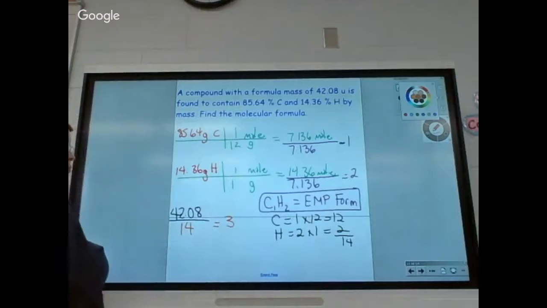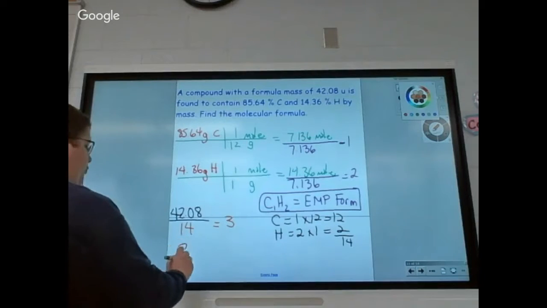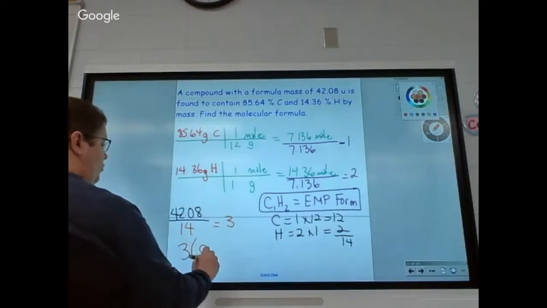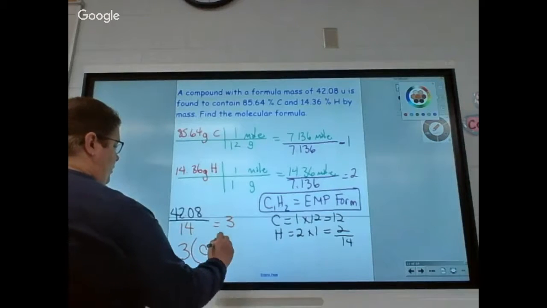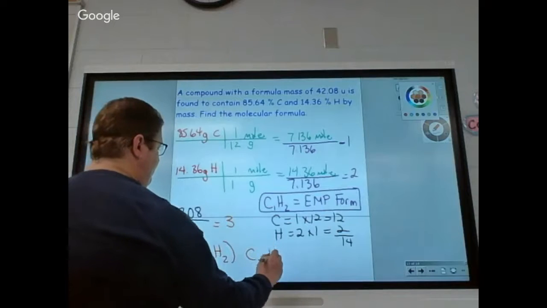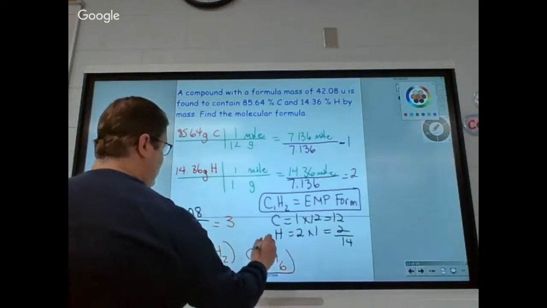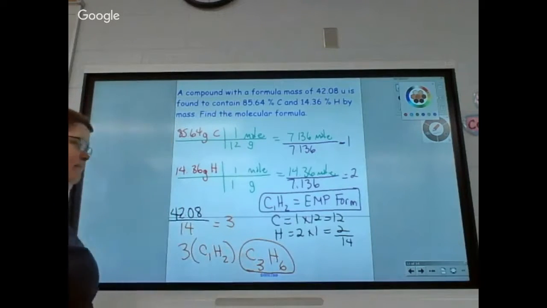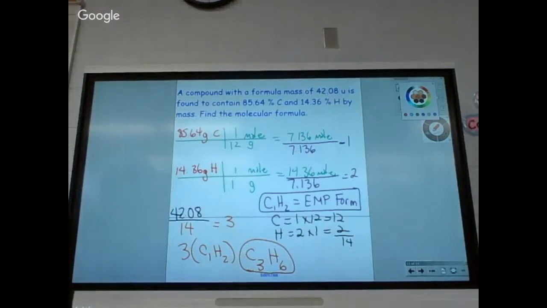All right, so that 3 means the formula was reduced by 3. So what do I do with that 3? Multiply it through by C1H2. So what do I get? Yes, exactly. Okay? Everybody got it?